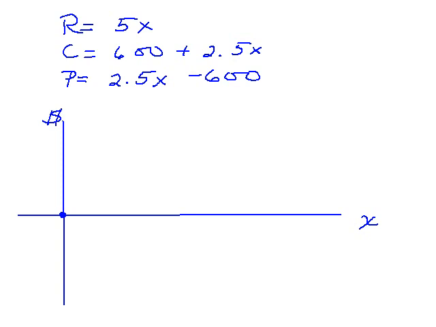It's 600. So the cost starts up here. And what is the profit when x is 0? The profit is down here at minus 600. So this is 600. This is minus 600.